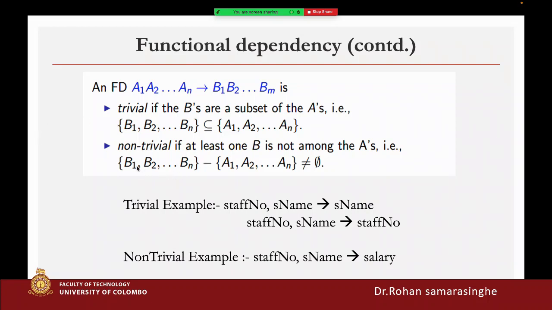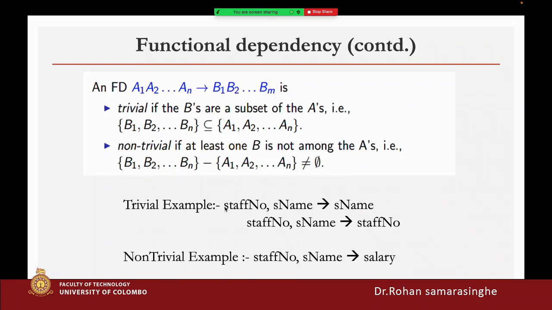That means non-trivial is B1, B2, Bn minus A1, A2, An not equal to 0. That means an attribute in the B set is not in the A set. That's why it is not 0.